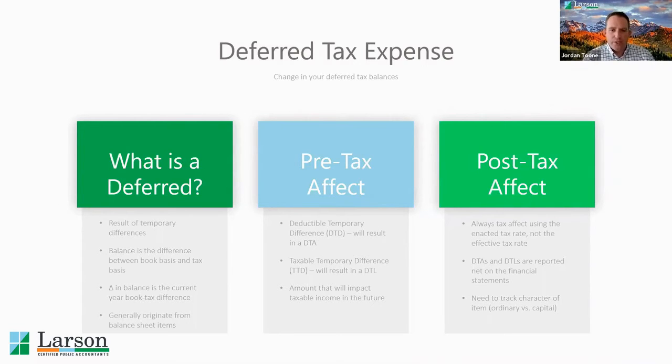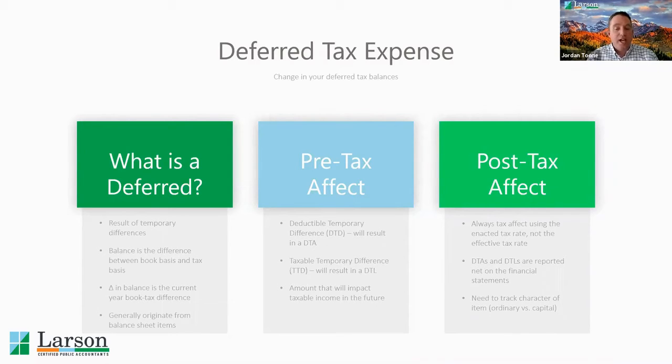You'll hear me refer to pre-tax and post-tax. Pre-tax, sometimes people call these gross deferred tax assets or gross deferred tax liabilities. It's not technically correct in the terminology, but pre-tax is essentially deductible temporary differences. A deductible temporary difference results in a deferred tax asset once you apply the tax rate.